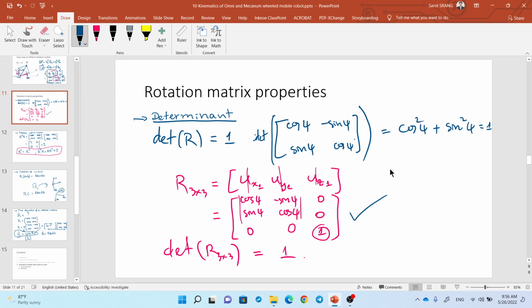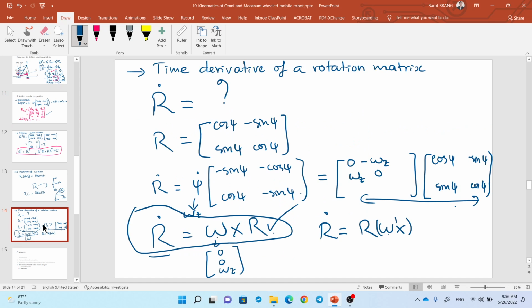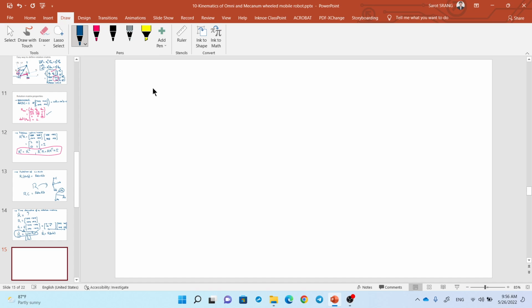So we have 3 components. So actually, this formulation is from R dot equals omega cross R.